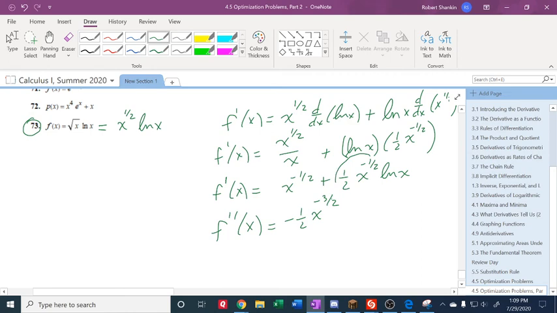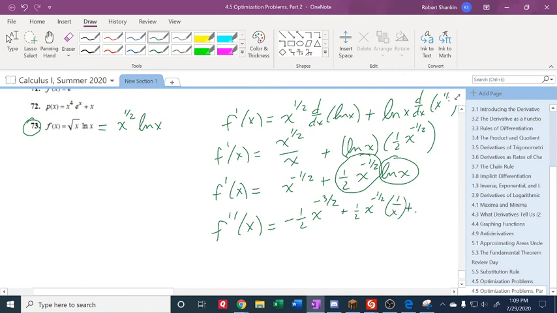I'm going to have this be the first and this be the second. Plus first times the derivative of the second. If I take the derivative of ln x, I get 1 over x.